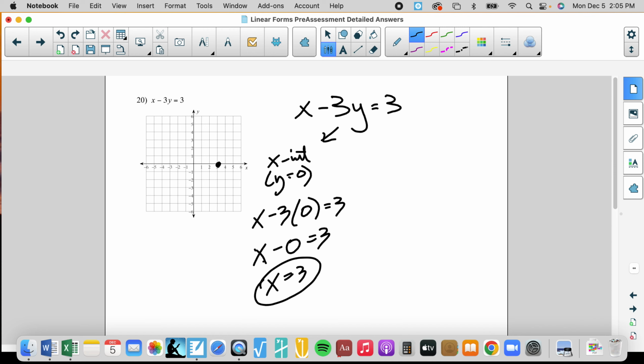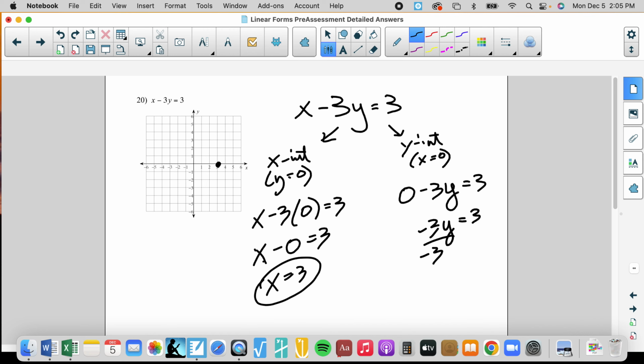On the x-axis, I make a dot. When we want to find the y-intercept, we plug 0 in for x, solve for y. Negative 3y equals 3, divide by negative 3, y equals negative 1. It's going to be my y-intercept. Y-axis, negative 1.